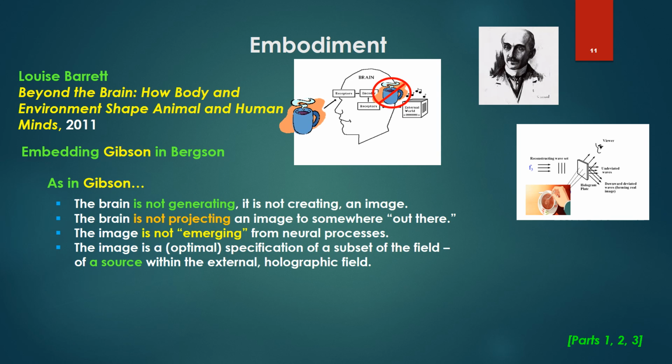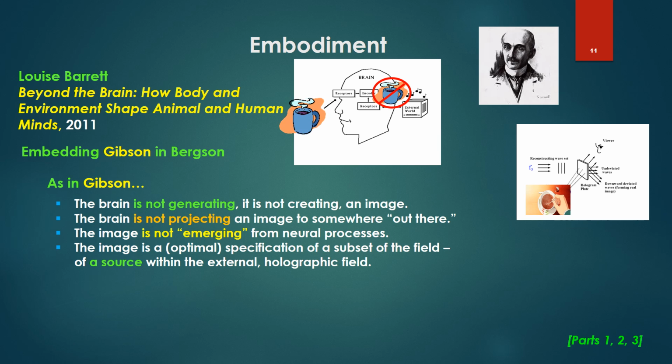So as in Gibson, when we place Bergson around Gibson, the brain is not creating an image. There are no representations in the brain. There's no little coffee cup in the brain. It's not projecting an image out there.